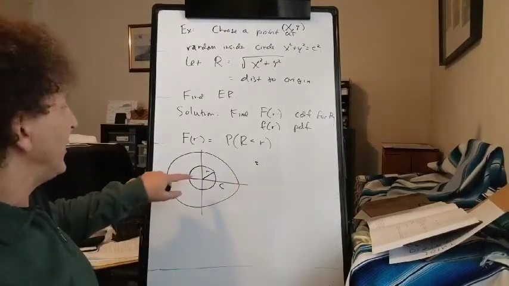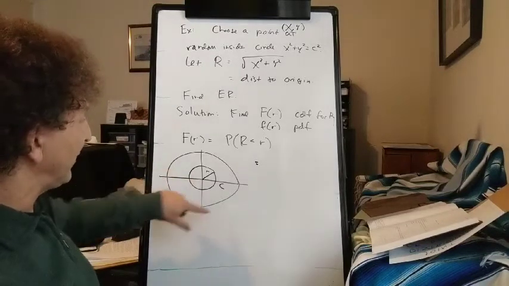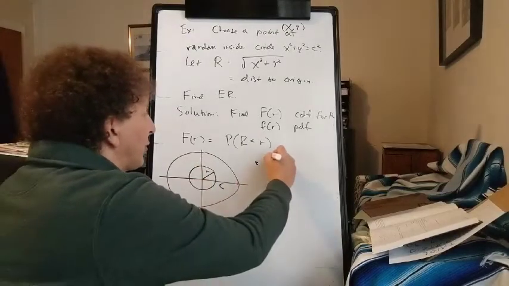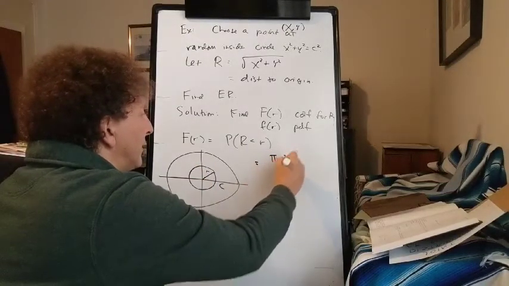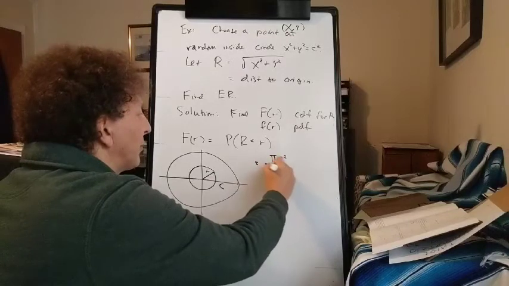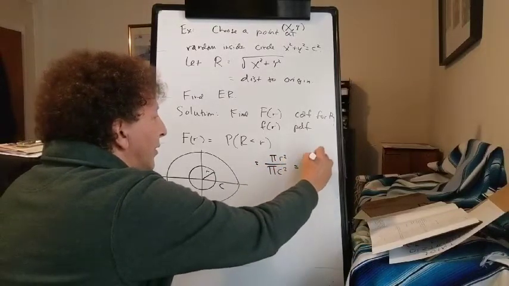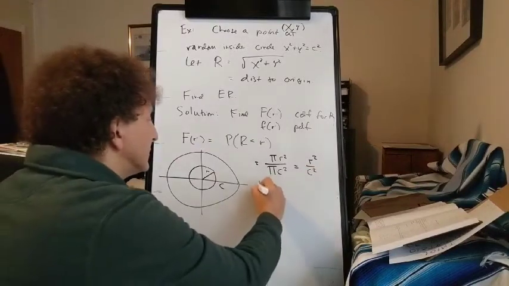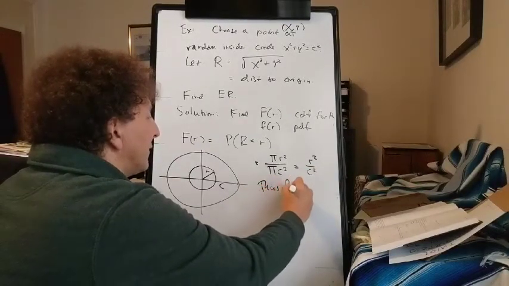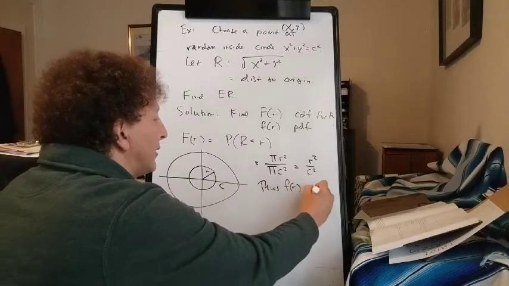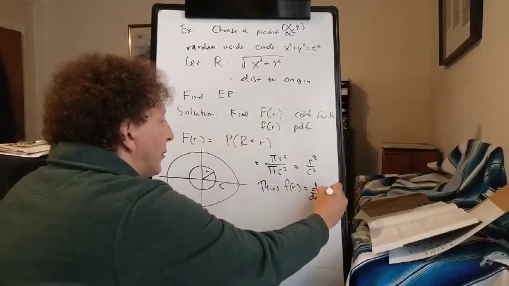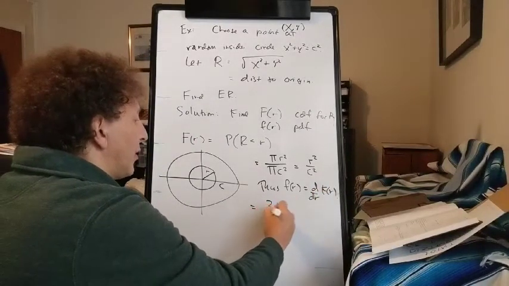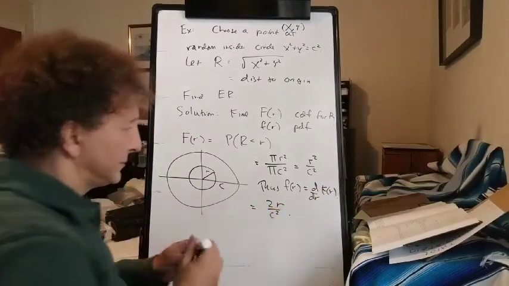So the probability that we're in this little circle, given that we chose a point in the bigger circle, is area of the little circle, pi little r squared over area of the big circle, pi c squared. So r squared over c squared. So little f of r is the derivative of big F of r, which is 2r over c squared.